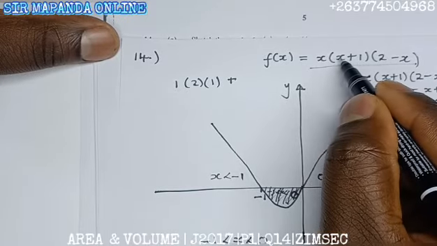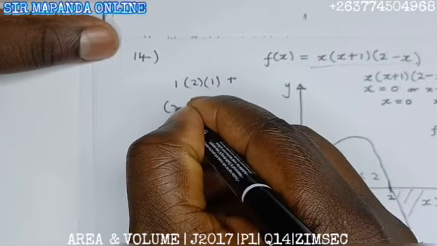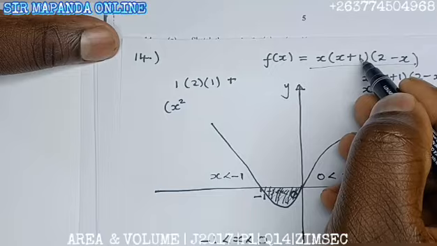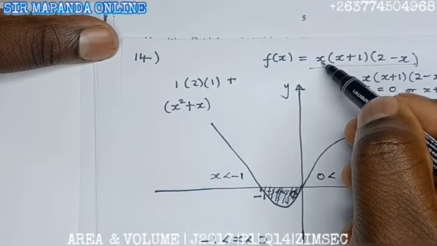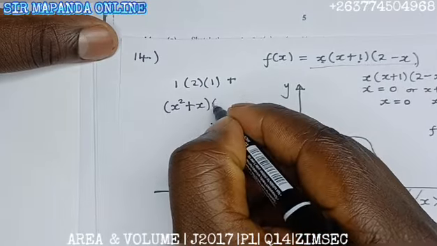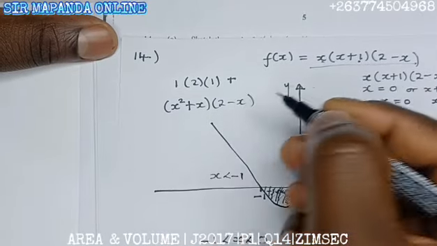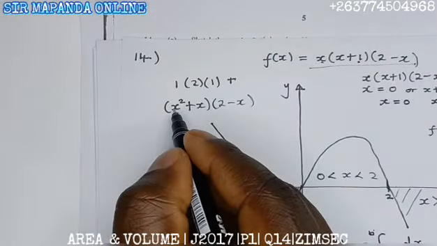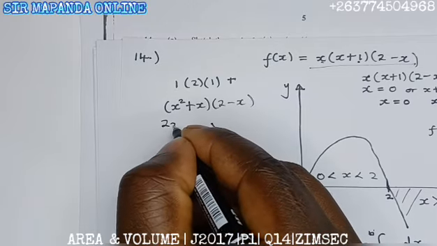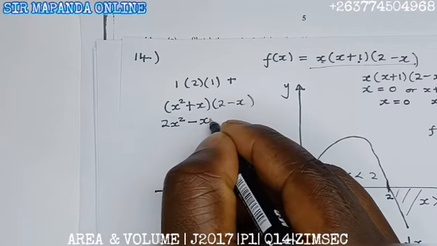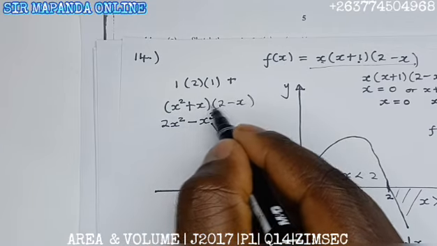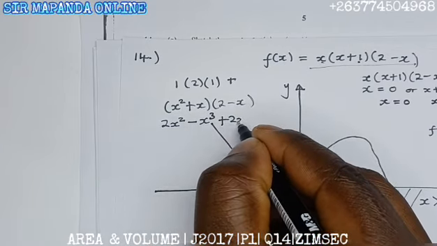You are saying x times x, you get x squared. Then x times 1, you get x. So I have combined the first term in the second bracket so as to multiply with the third one, right? So x squared times 2, you get 2x squared. x squared times minus x, you get minus x cubed. x times 2, you get 2x.